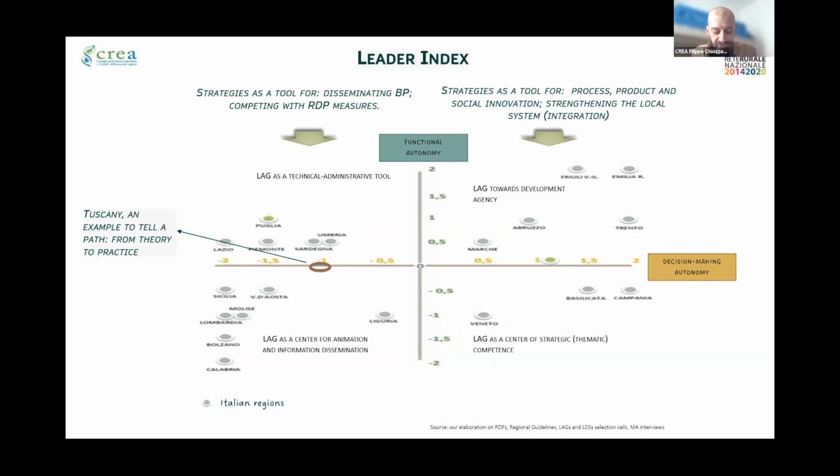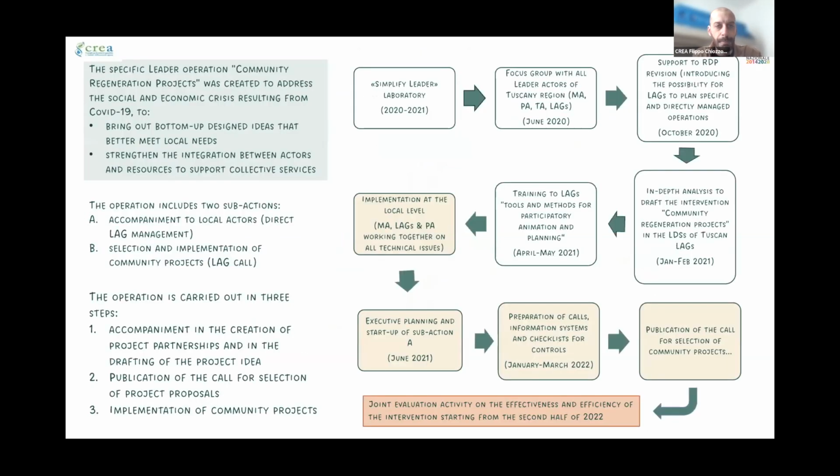It was one of those regions where LEGs could implement only the standard RDP measures through ordinary interventions. And one thing we have focused on in the laboratory on Simplify LEADER is the type of project that can be implemented in the strategies.